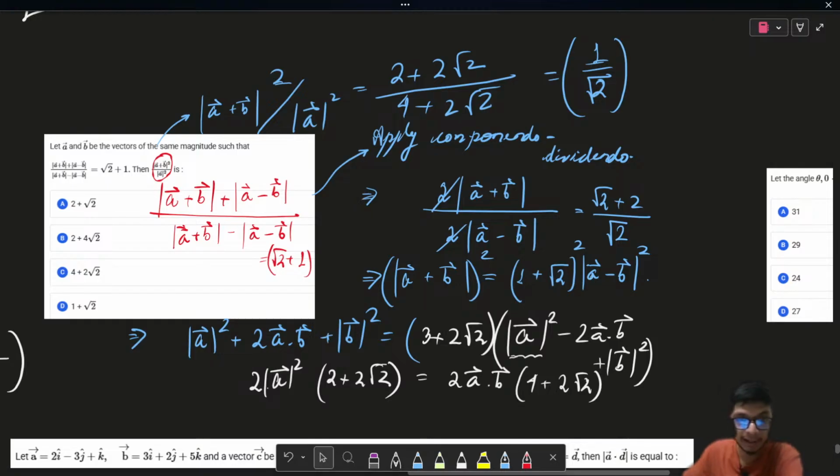Oh sorry, my bad, it is basically a dot b only, right? So I got the result as a dot b from this relation.